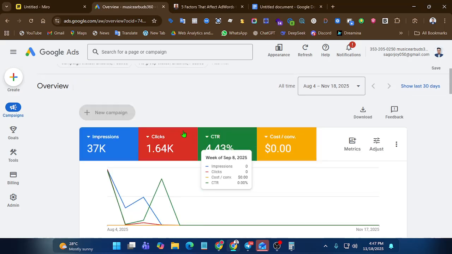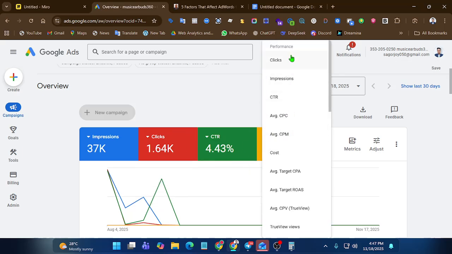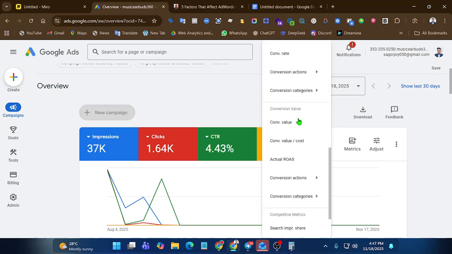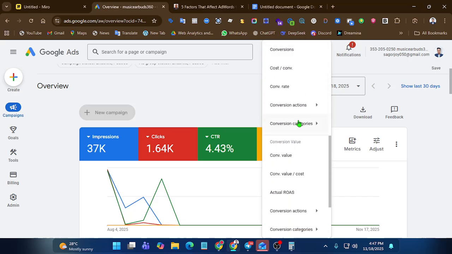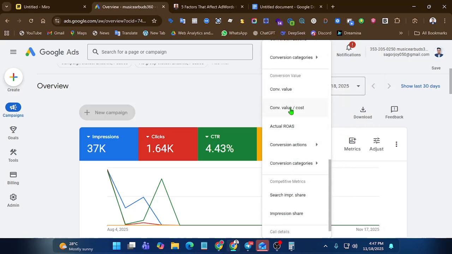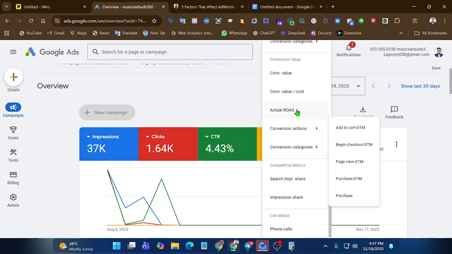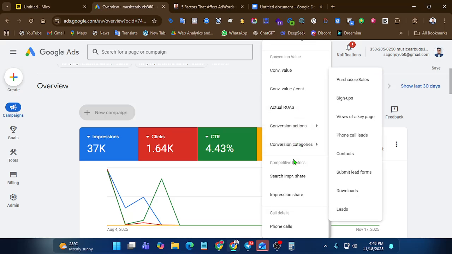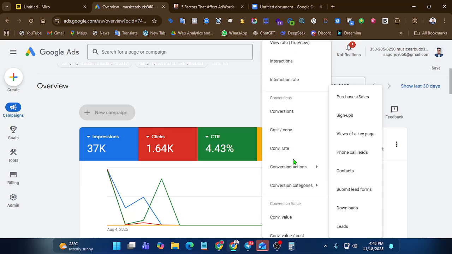So this is a simple matrix, but you can see many metrics here: all conversions, conversion value, cost per conversion, ROAS, impression share.